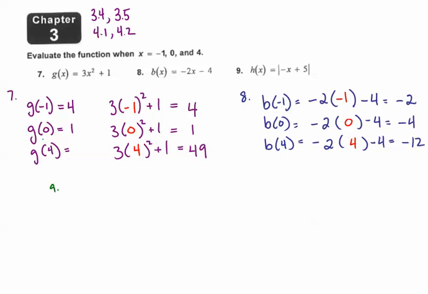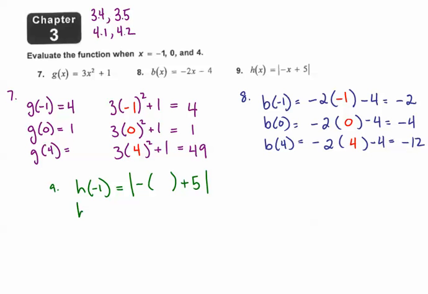Number 9, we have h of x, the absolute value of negative x plus 5. I don't need to write that. So we'll start right off with the values. h of negative 1 means negative. Again, wherever there is the variable, I put a pair of parentheses there.